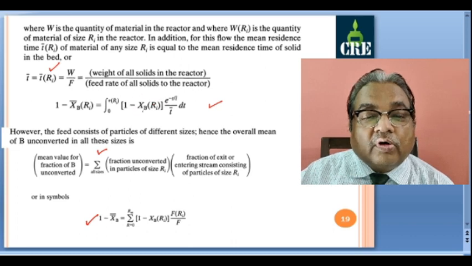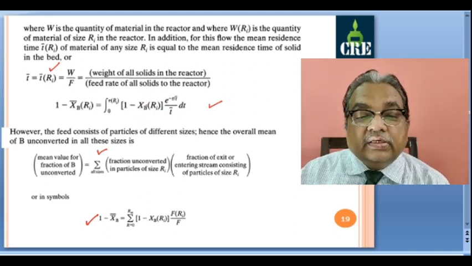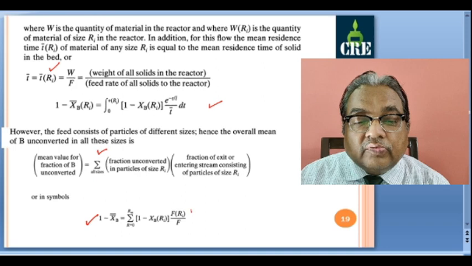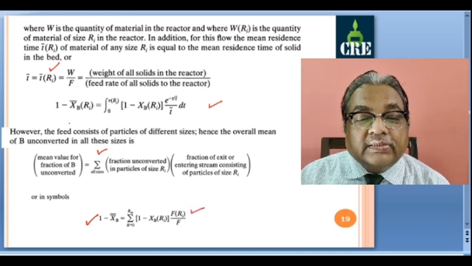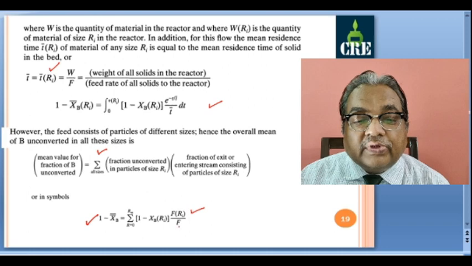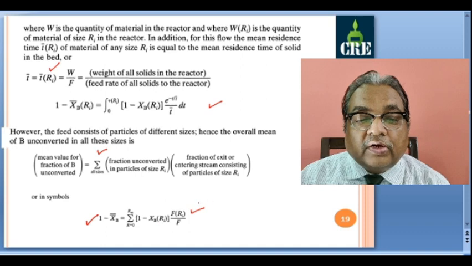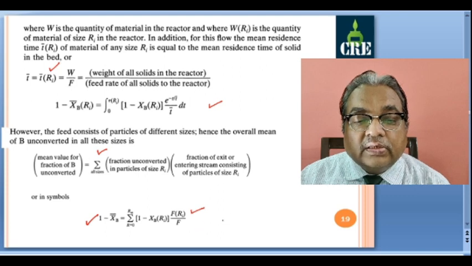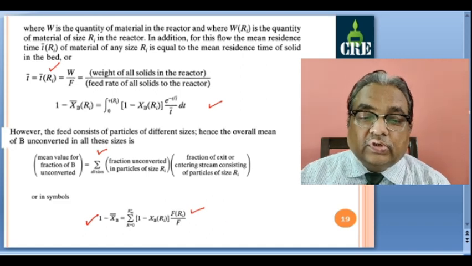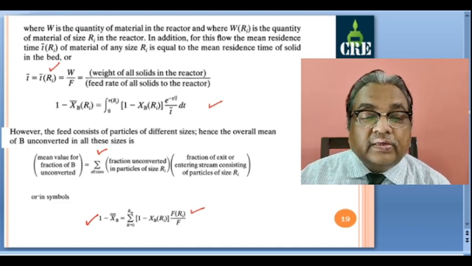When you sum up over all Ri's for different ages, each is multiplied by the fraction F_Ri by F. If three different sizes are there, say R1, R2, R3, then you have 1 minus xb of R1 times F of R1 by F, plus 1 minus xb of R2 times F of R2 by F, plus 1 minus xb of R3 times F of R3 by F. So this way you can add up any number of terms.